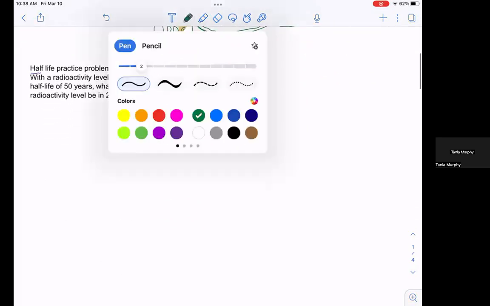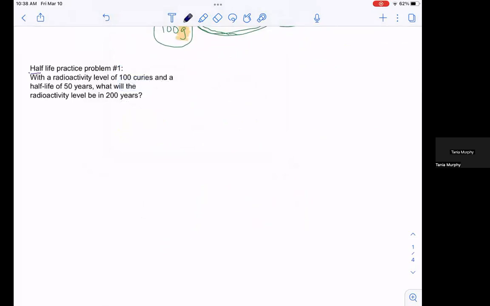Our first example, half-life practice problem number 1. With a radioactivity level of 100 curies. What does that mean? That means that one half-life, whatever period of time that is, releases 100 curies of radiation.